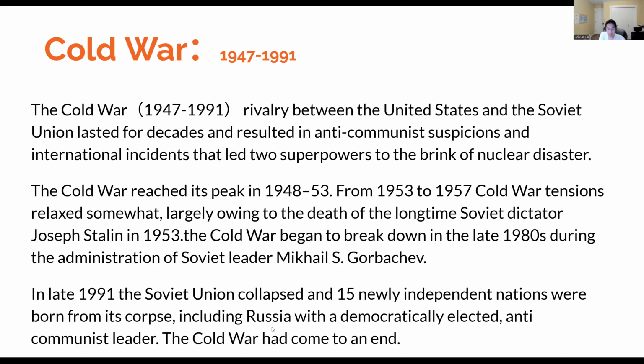Missiles were put in Cuba, but neither side actually wanted to fight, because they know mutually assured destruction, but it was almost the breaking point. However, the two superpowers did have an agreement to withdraw the missiles. Soon, in 1963, they signed the Nuclear Test Ban Treaty, banning above ground nuclear weapons testing.